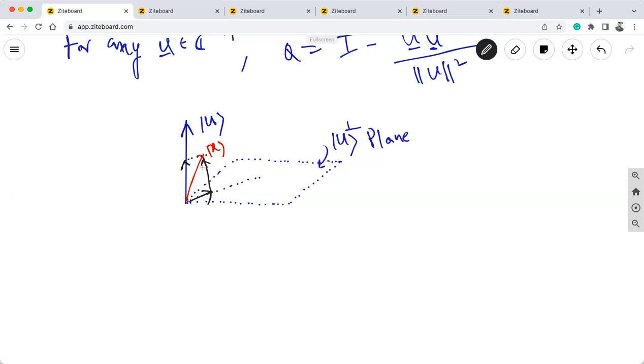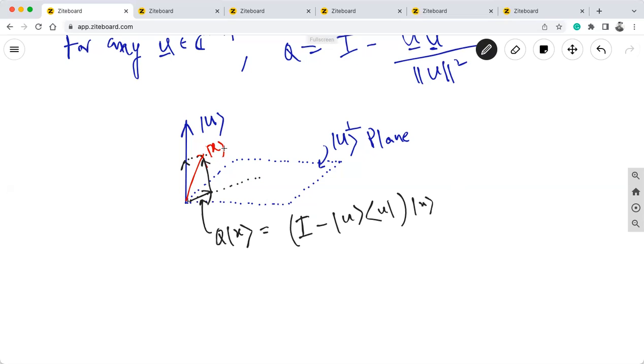So if you multiply the elementary orthogonal projector with any arbitrary vector kx, then this particular vector will be Q into kx, which is equal to the identity minus ket u outer product with ket u, multiplied with kx.